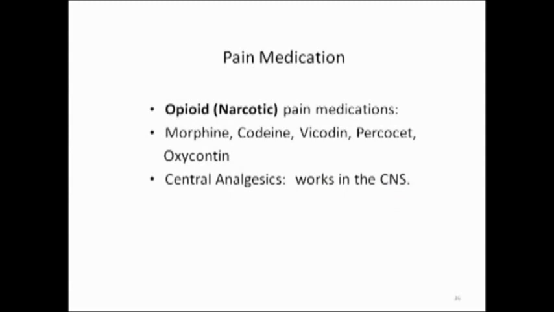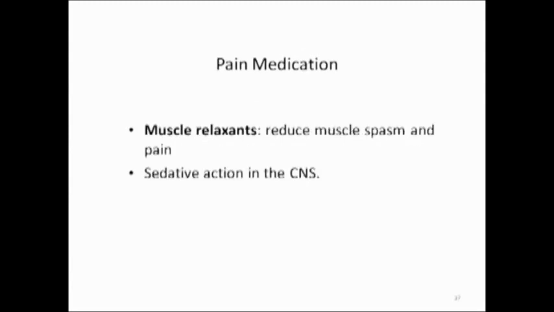Opioid analgesics such as morphine and codeine decrease the perception of pain by blocking the pain receptor or by binding to opioid receptors in the central nervous system. Muscle relaxants reduce pain from tense muscle groups, most likely through sedative action in the central nervous system.